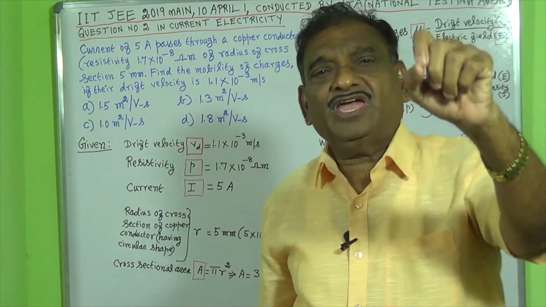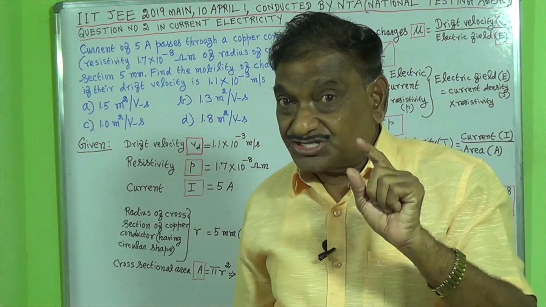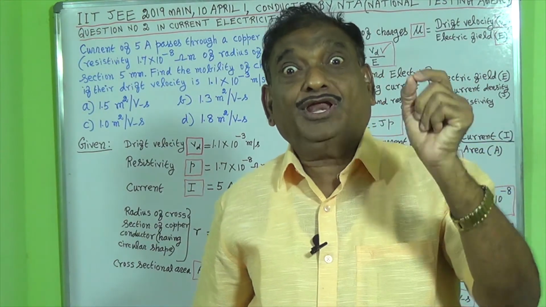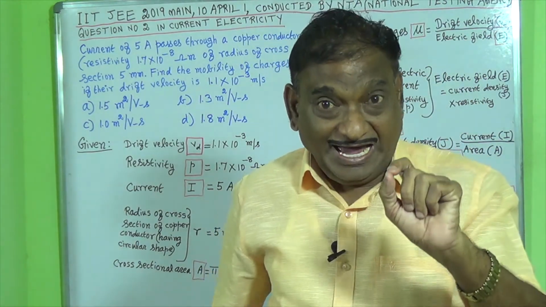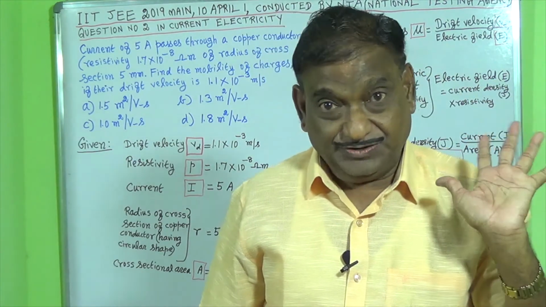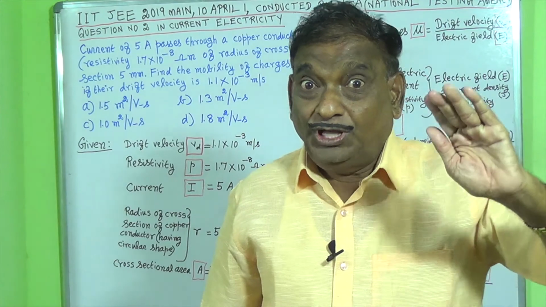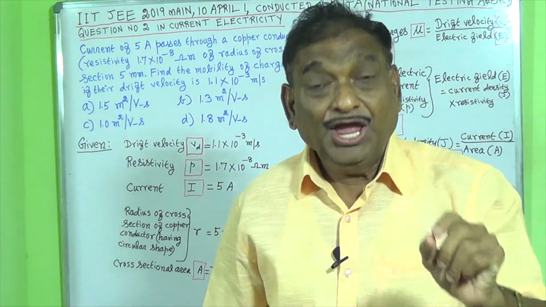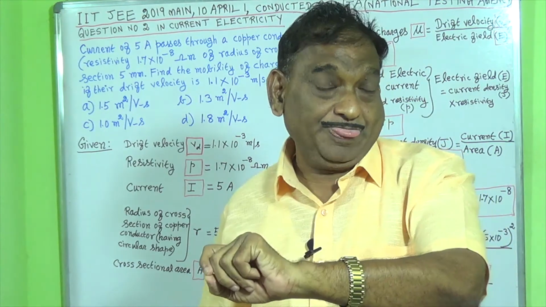How can we find the electric field? In this case, we have to select the formula for electric field as current density into resistivity. Even though there are many formulae for the electric field, we are selecting this formula.